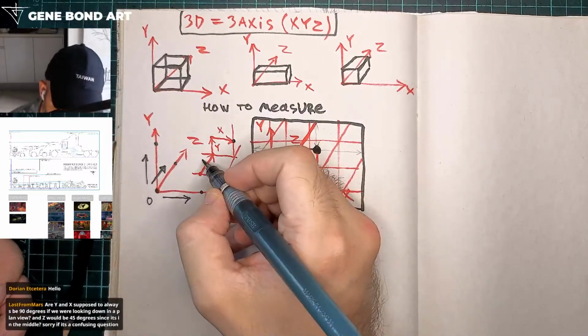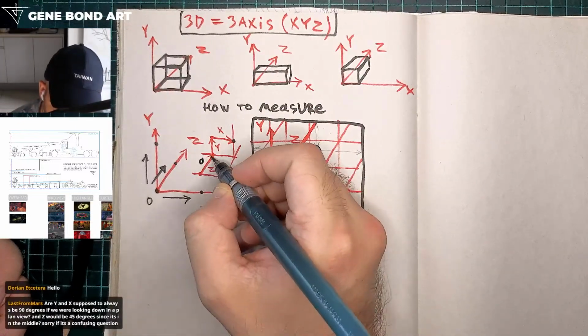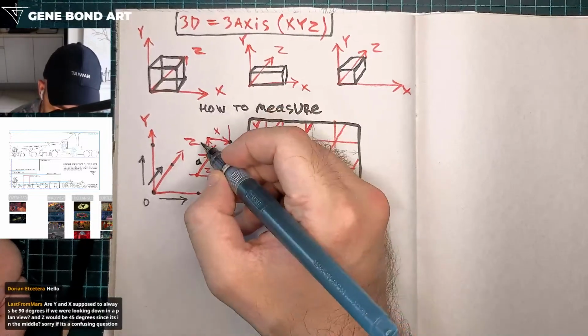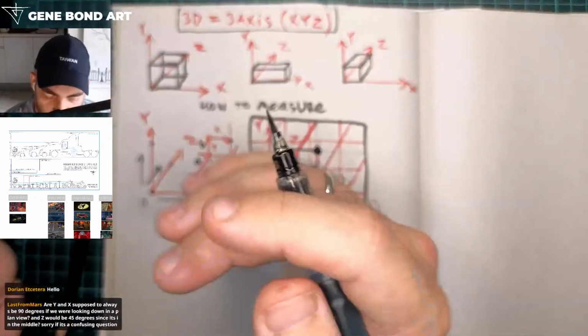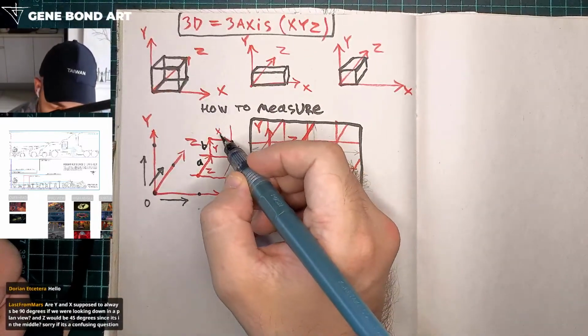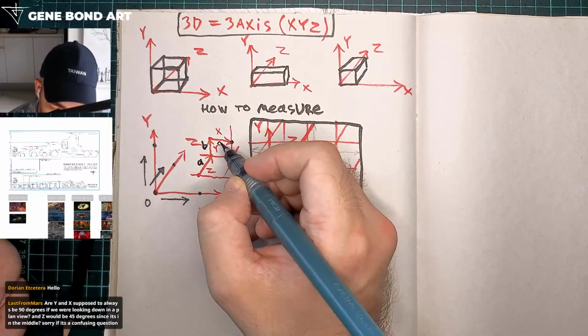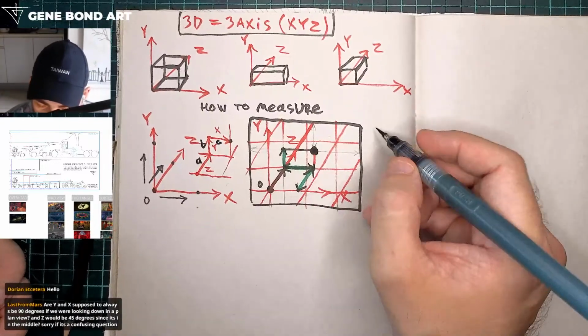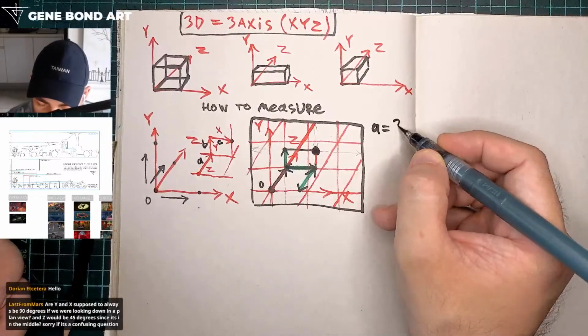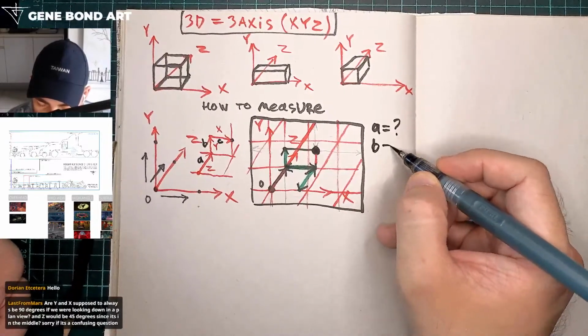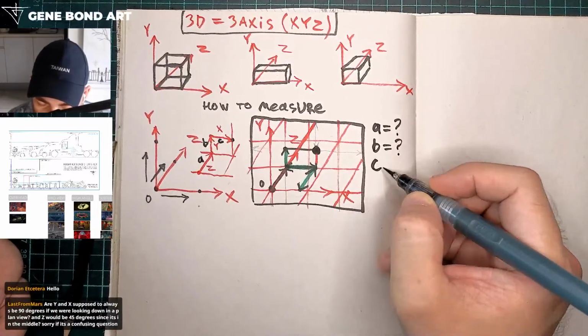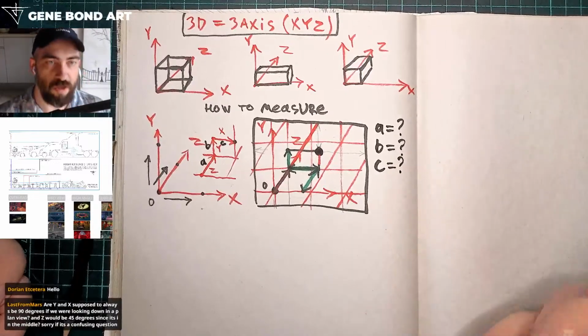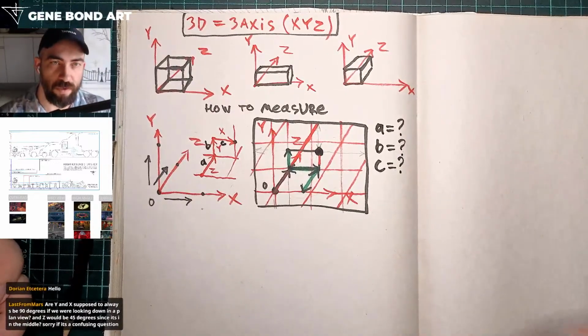So we can say this distance from here to here is A. This distance, the vertical height here, is B. And the width here is the Z size. And how much exactly are A, B, or C, we don't have any number.